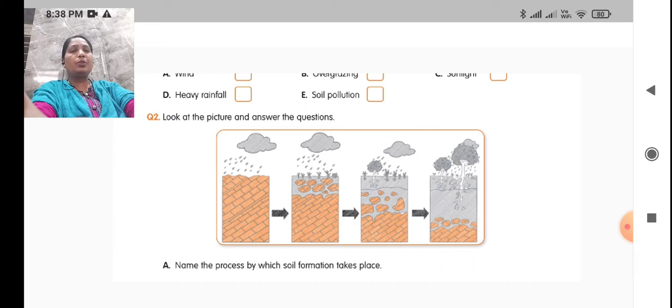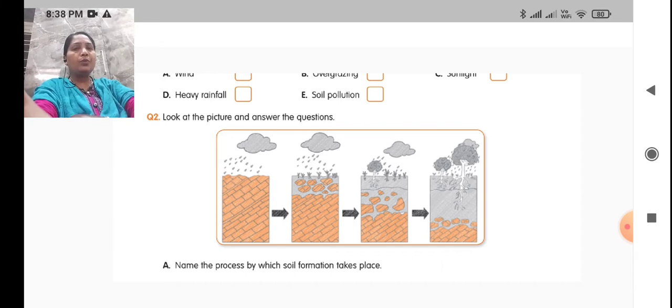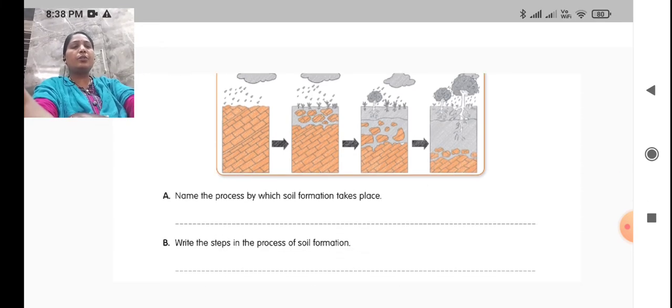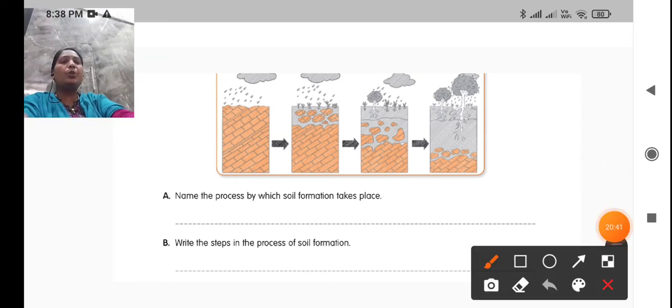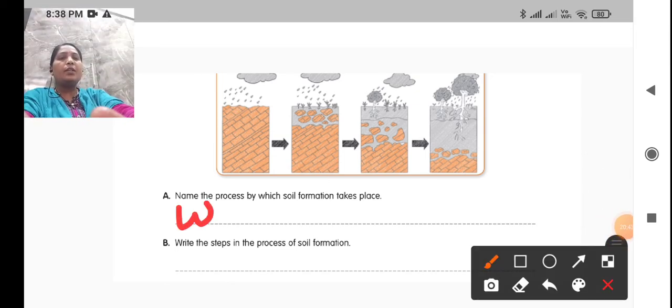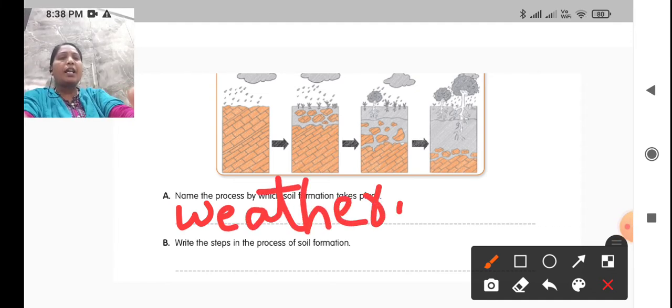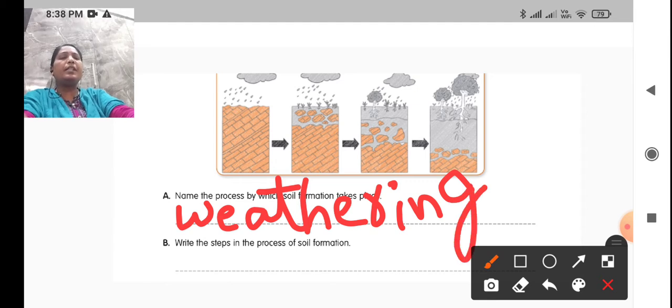So you understood this picture, and now you try to answer the questions given below. Name the process by which soil formation takes place. It has a scientific name. Just now I told you, that's called weathering.